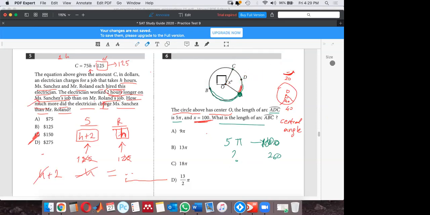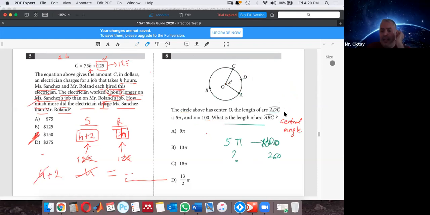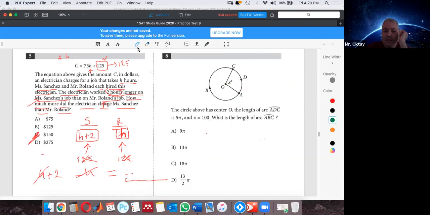Let me clean and explain again. Now, I am saying that this is given 100. If this is 100 degrees, this is also 100 degrees. Then totally, 360 minus 100 is 260 degrees.